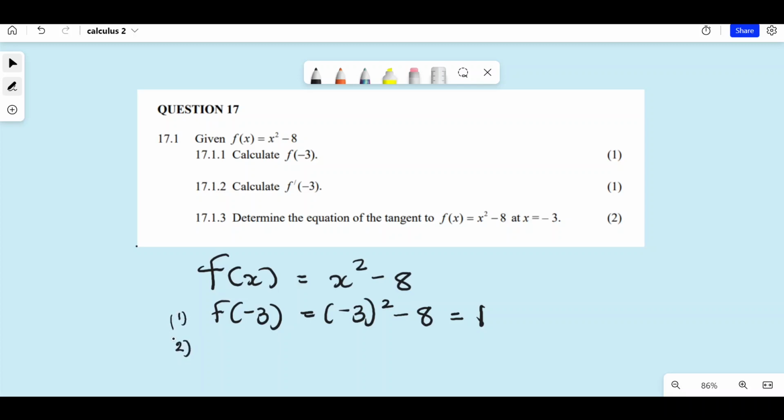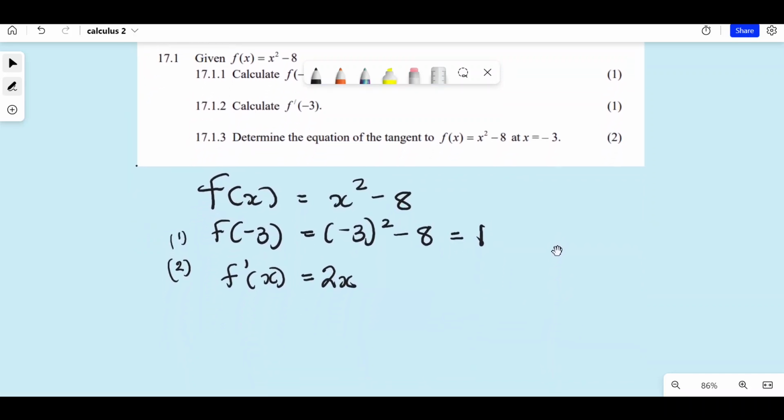In 2, you are asked to find f prime of negative 3. That means you are substituting x equals negative 3 in f prime of x. So first calculate f prime of x before we find f prime of negative 3. So f prime of x using the rule here is 2x, that's all, because the derivative of the constant is 0.